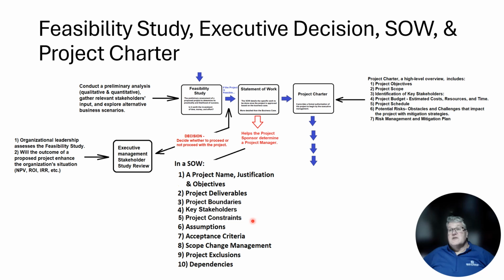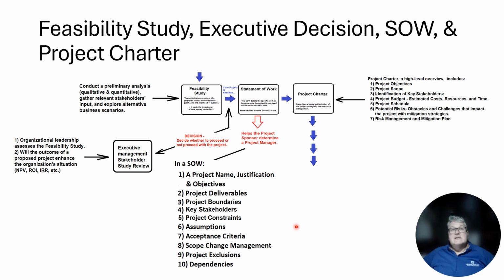For instance, a project constraint might say that we want to start this project on June 1st and end it by September 31st. We might also want to say that we're going to live within some monetary value of, say, $100,000 for the project. There will be assumptions.